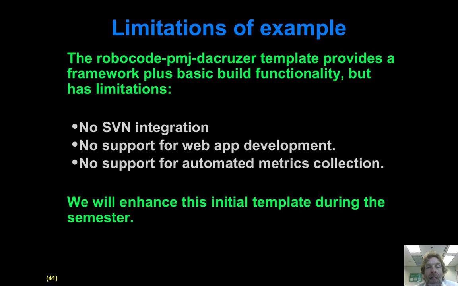This PMJ robocode-dacruzer example is a good example, but it doesn't show everything that we'll be doing later on in the class. So we're not at this point trying to support Subversion integration or web app development or other kinds of metrics and so forth. So this is the basis, but it will be extended further during the semester.